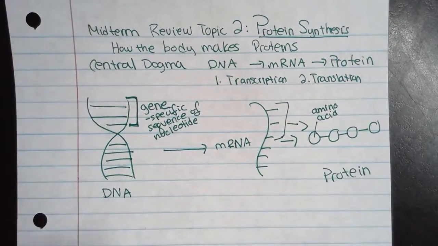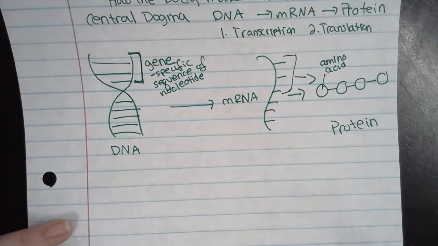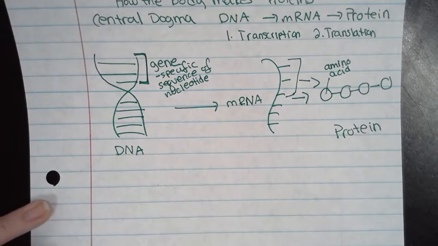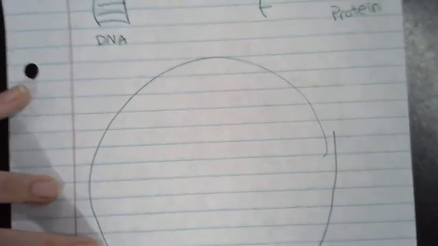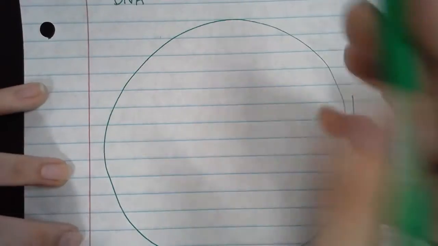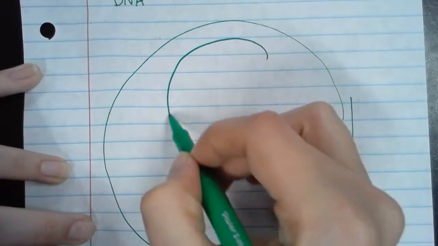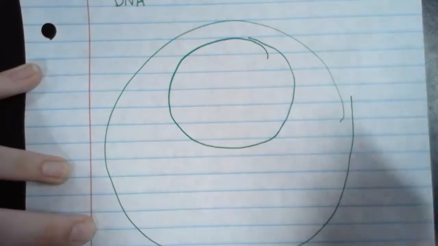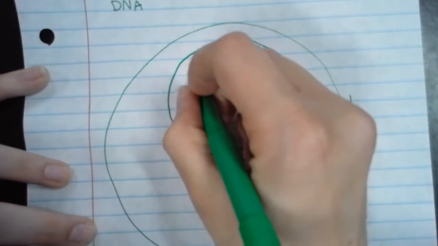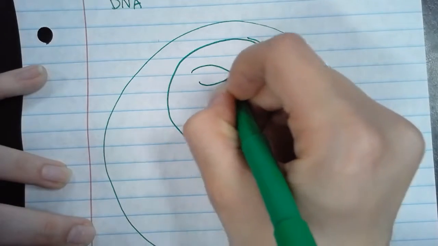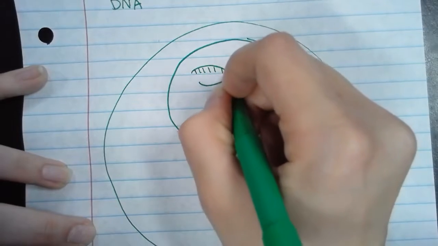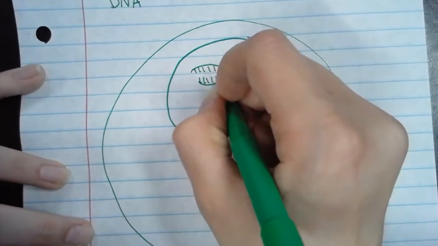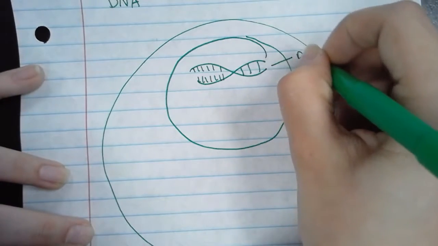Okay. So if we look at it from a cell, let's say I have a cell. Okay. So the outer rim is a cell membrane. Inside, I am starting with my DNA. So this is DNA.